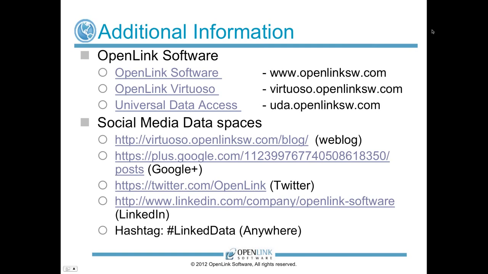All right, sounds good. So the next one is about Jena. What Jena ARQ version is compatible with Virtuoso 7? Well, we don't do ARQ. We do have the Jena APIs, so Jena applications will work.